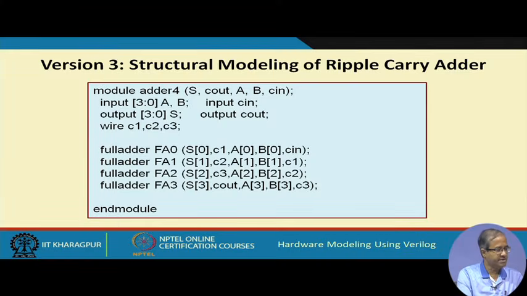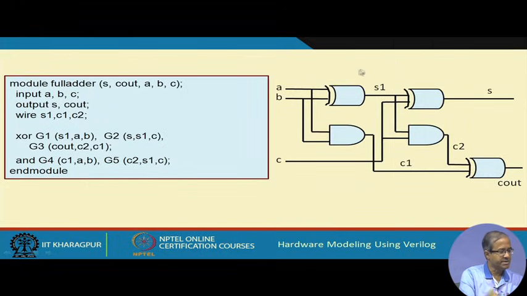Now, this full adder at the end, you can also implement using a structural way, because you see this is one implementation of a full adder, which is a compact implementation which requires a total of 5 gates, 3 XOR gates, 2 AND gates. There are many implementations of a full adder, this is one possible implementation.